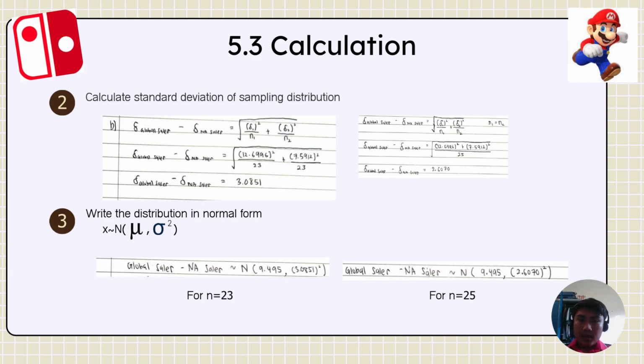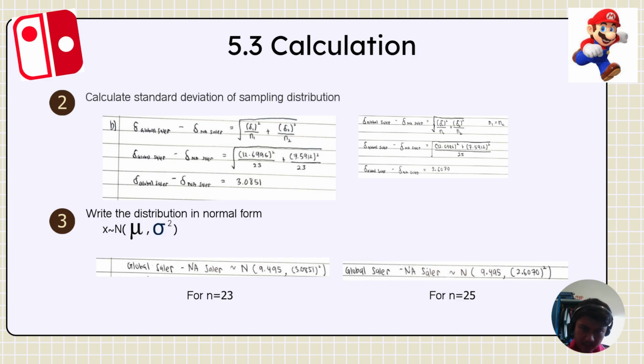For the second step, we must calculate the standard deviation of the sampling distribution. The standard deviation symbol is sigma. For the first picture, the n we use is 23, and for the second one it is 25.